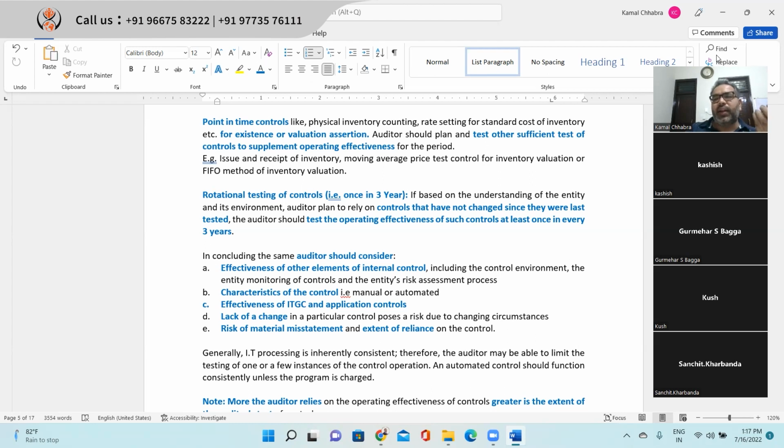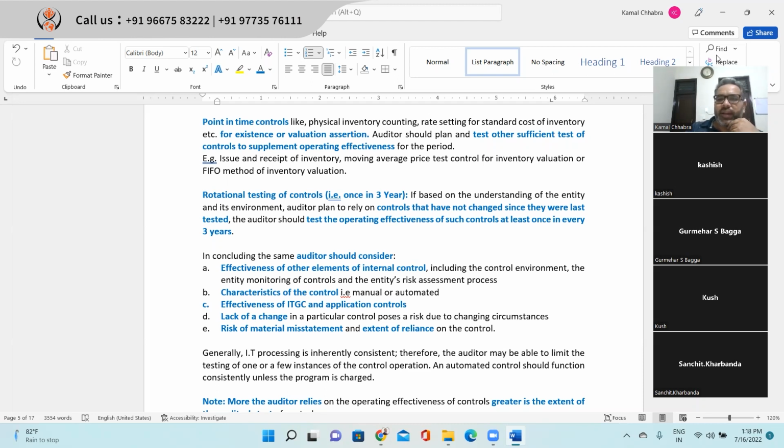And then they update in their system the costing of the respective product, and accordingly they will update their sales price by adding the respective margins in those respective products. So that the sales team knows what is the sales price and the costing team knows what is the cost of manufacturing the respective goods and services, right? Those kinds of controls you need to test at the point when those controls are happening, for existence and valuation assertion. Make sense? Yes, sir.